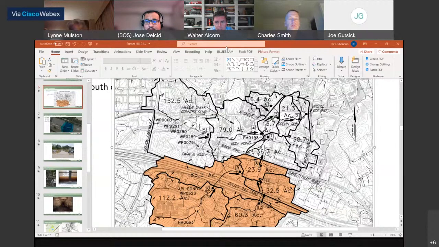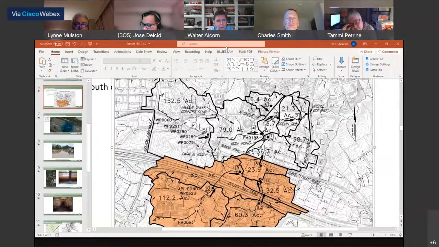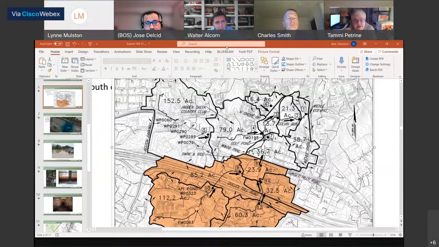Tammy, I see your hand up. Yes, quick question. With your lowest point concept, Walter, Shannon, could we also have the just basic topo of the whole orange catchment area? That's one thing.